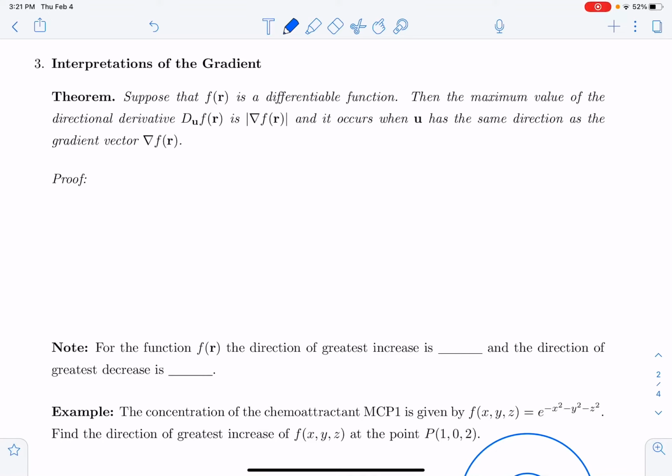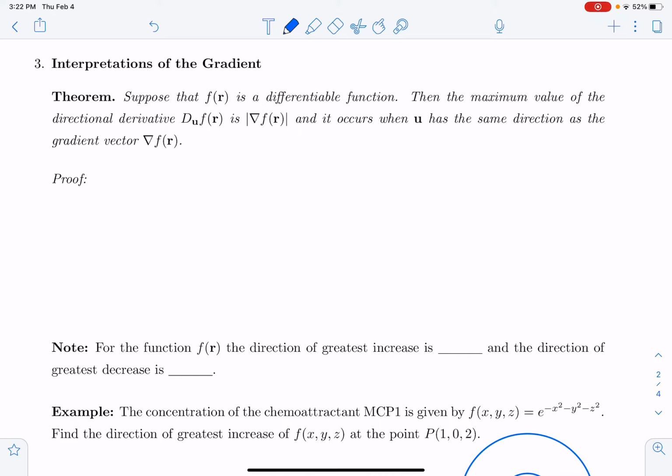Now that we have defined directional derivatives, we can get a better understanding of the interpretation of the gradient vector. So the theorem says, suppose that f of r is a differentiable function, then the maximum value of the directional derivative is the magnitude of the gradient.